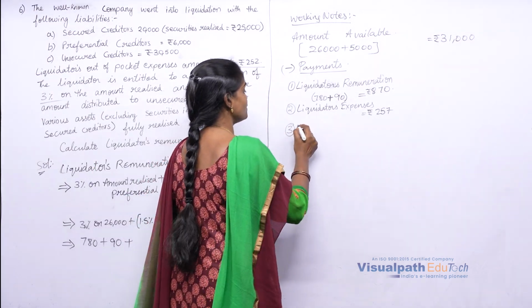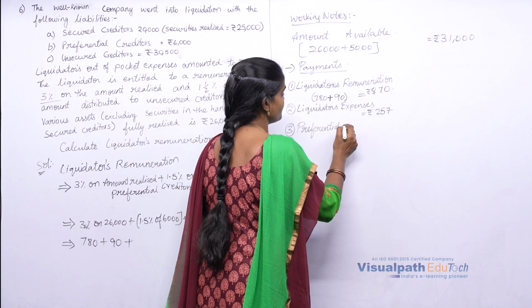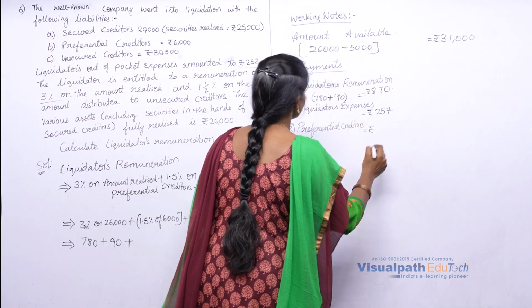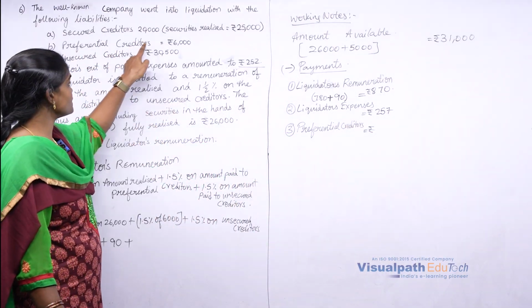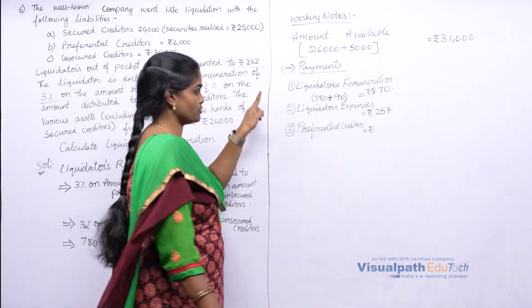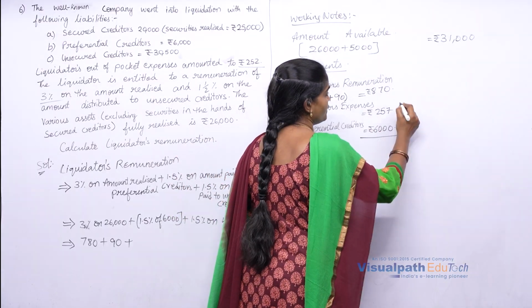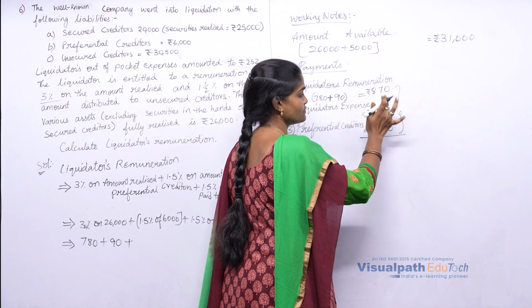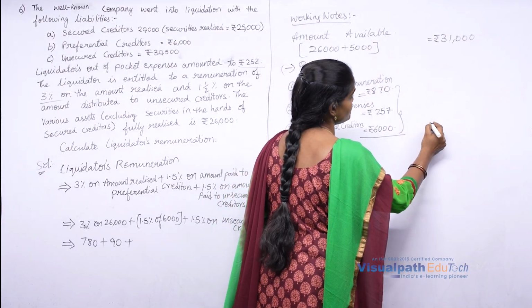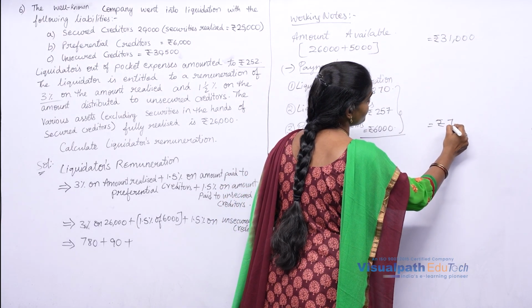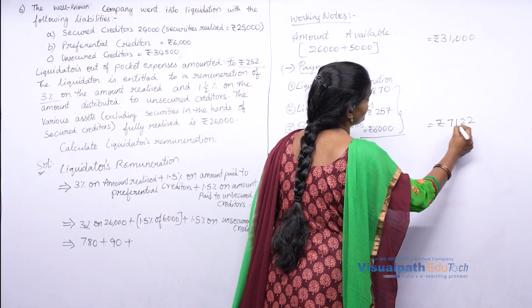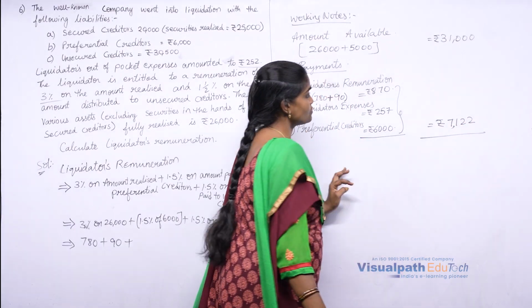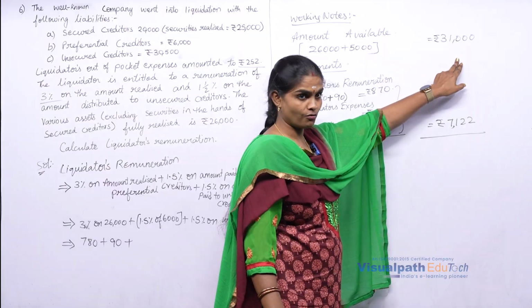So preferential creditors is rupees 6,000. Add these three: 6,000 plus 257 plus 870, we get a total of 7,120. Clear?